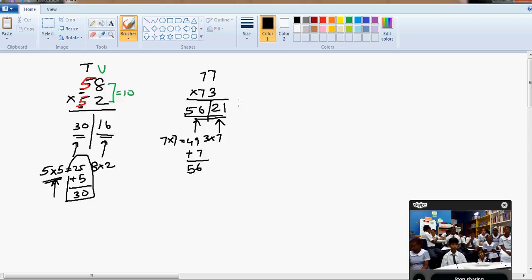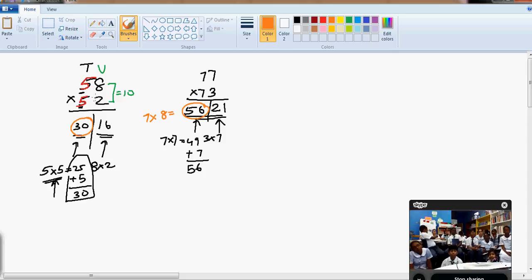Is this okay with everybody? Have you got the technique? Yeah. I think we can do it in one more way. To get this 56, I'm trying to recollect the times table of 7, the multiplication table of 7, and 7 times what number is 56? 8 is 56.